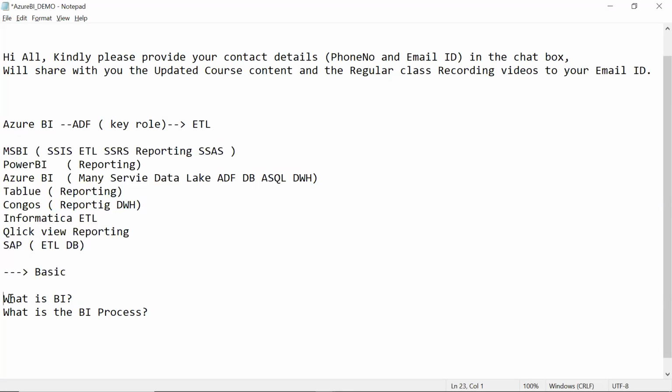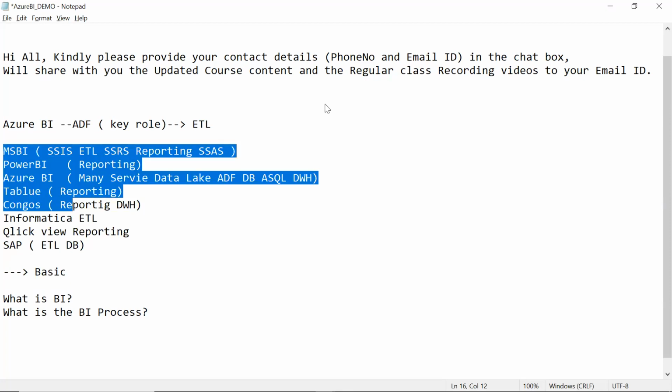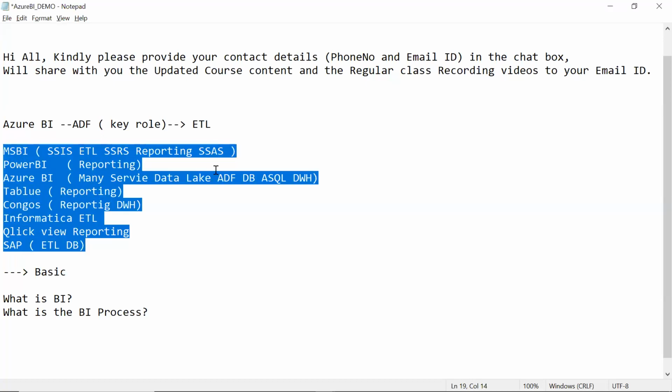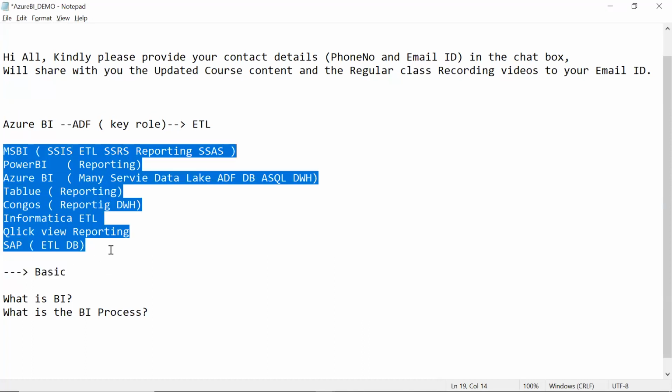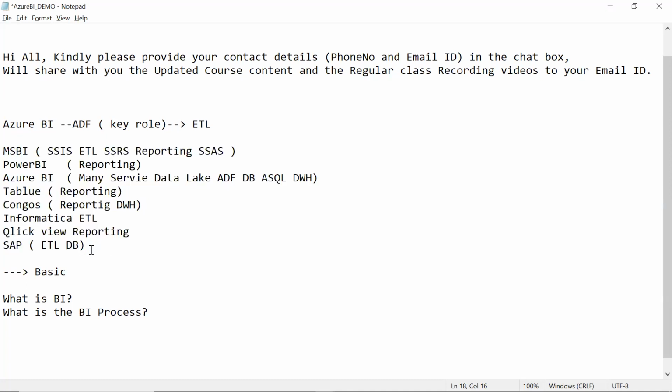If you know the BI process, you can jump to any tool in the future, anywhere. If you know the purpose of BI, how BI helps the market and helps at the company level, and how the BI process works and helps the business, then you can jump to any of these tools.